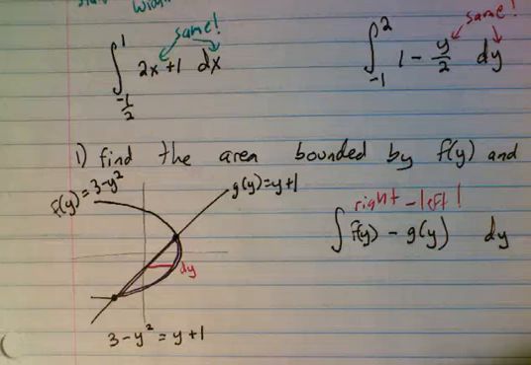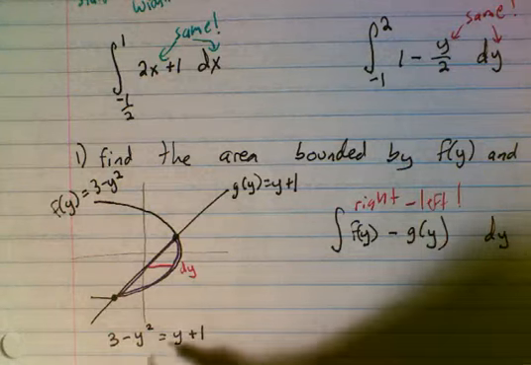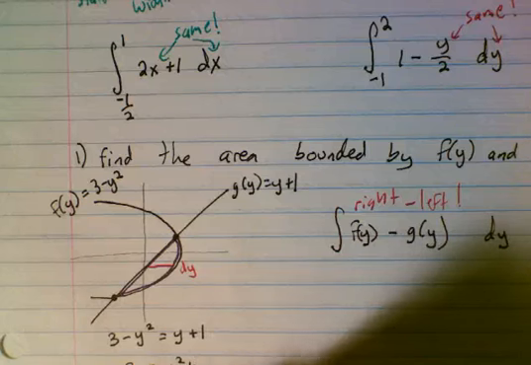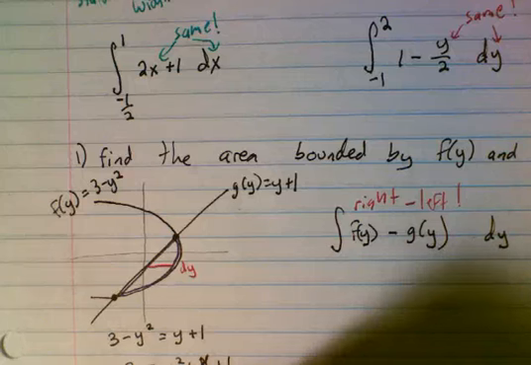Let's get everything over onto one side of the equation. So I'm going to add y squared to both sides. I'm going to subtract 3 from both sides.